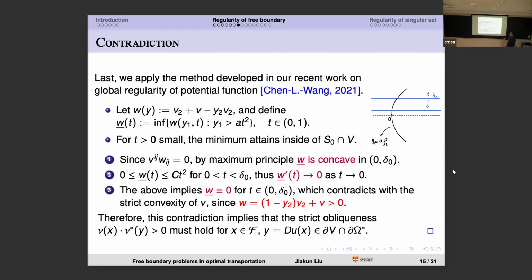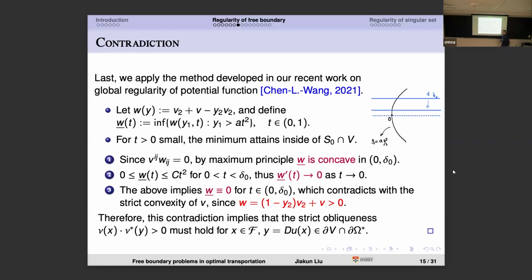And on the other hand, we have the decay estimate. The decay estimate tells us such a single variable function is pinched between 0 and the quadratic, say t squared. So that means when the variable approaches 0, the derivative approaches 0, because it's quadratic.